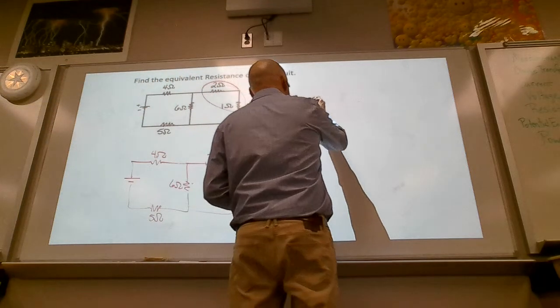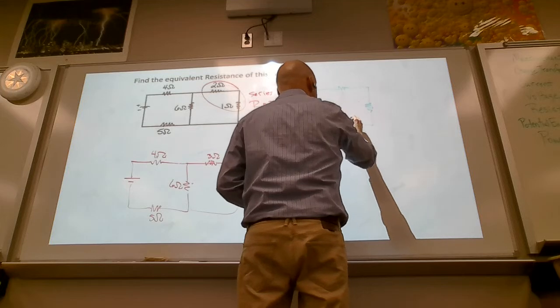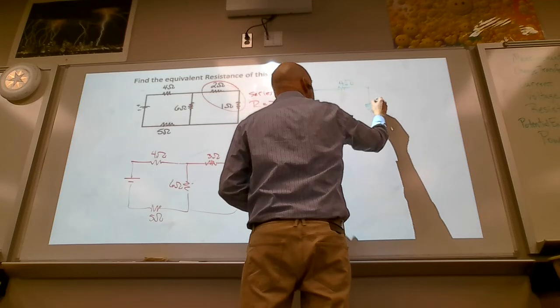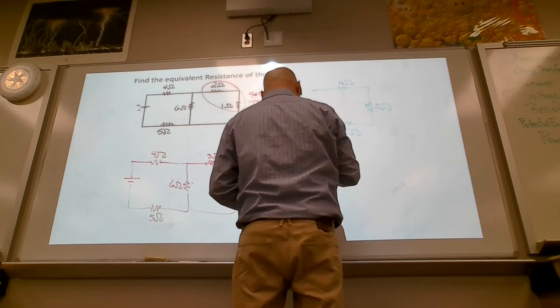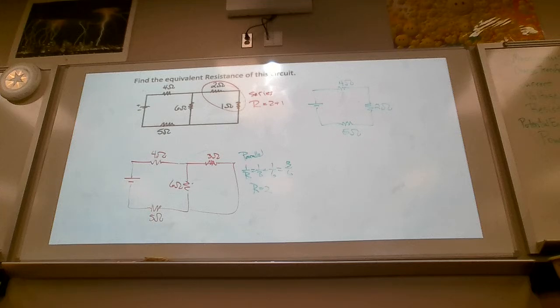Redraw. Pulled out the 4. What else goes out? We're good with 2 and 5.